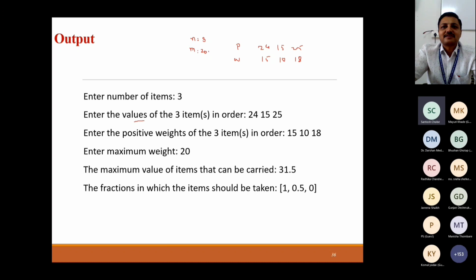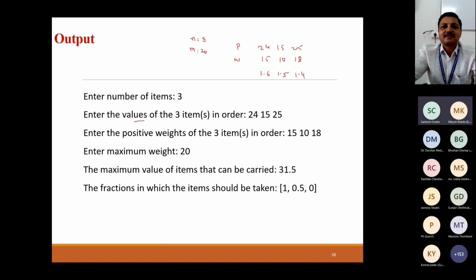If I calculate the profit to weight ratios, it gives me something like this. For this one it is 1.6, for this 1.5, and for the last one, 25 and 15, it comes out to be roughly 1.4.